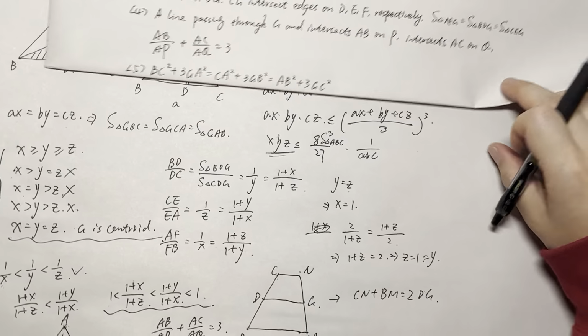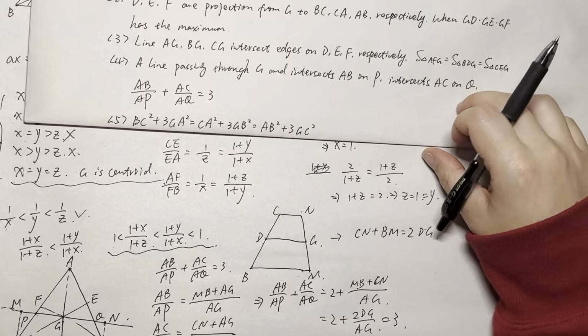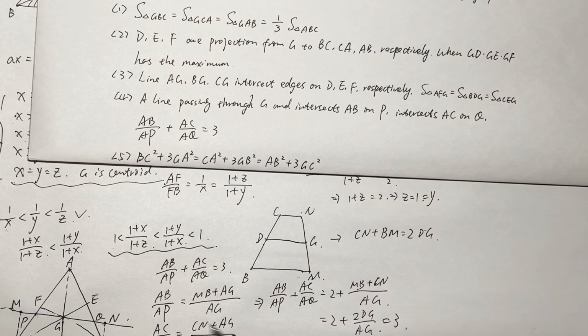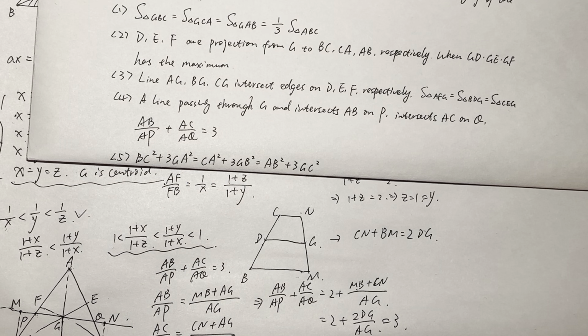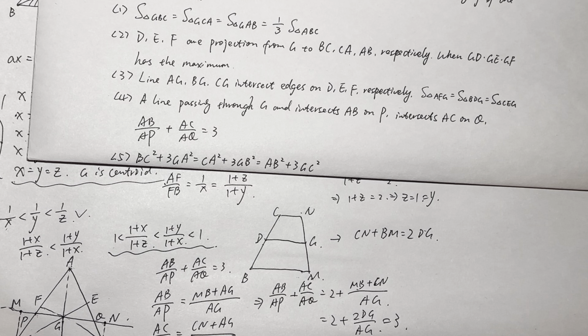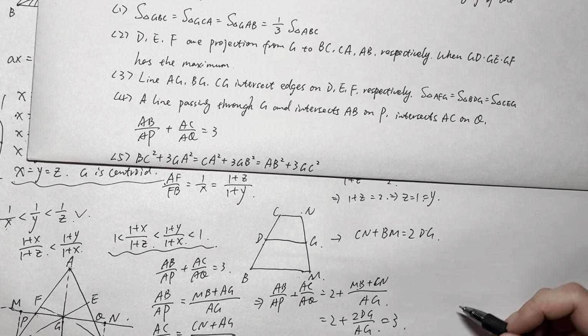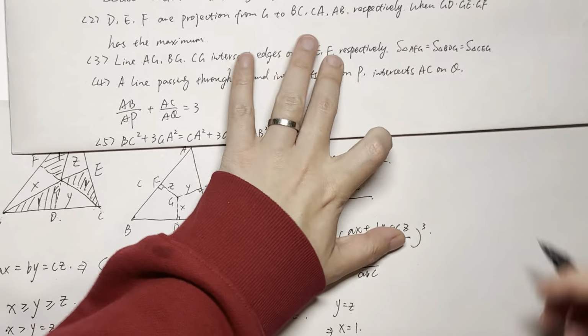See, if AB to AP plus AC to AQ equals 3 is valid, we can still do this, right? We just need to prove that the line PQ is passing through the centroid. So think about it this way. Let me draw it here.